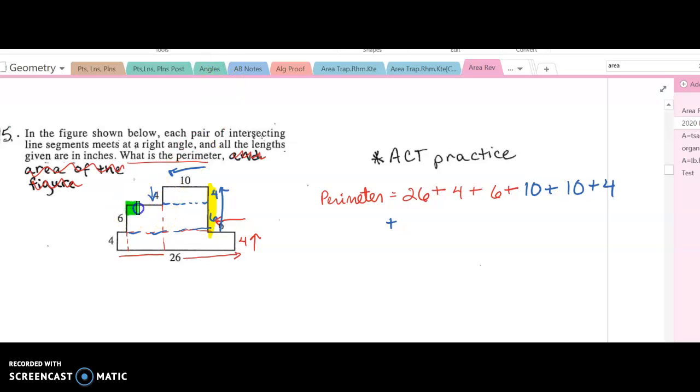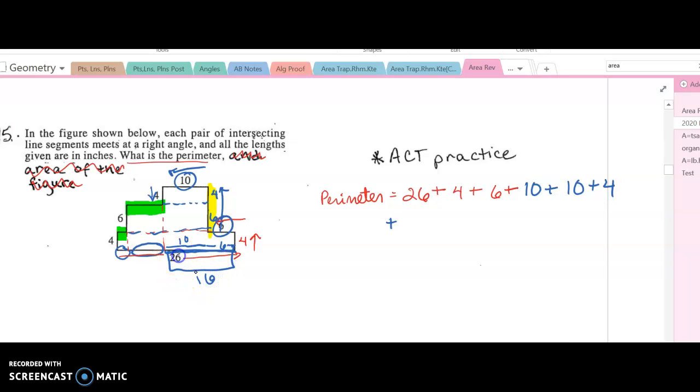Now it's interesting again. We don't know this piece and we don't know this piece, and there's no way to even figure it out because we don't know these measurements down here. What we do know, however, is that from here to here is 10 because it's 10 up here, and from here to here is 6 because it's 6 right here. So combined these two are 16.